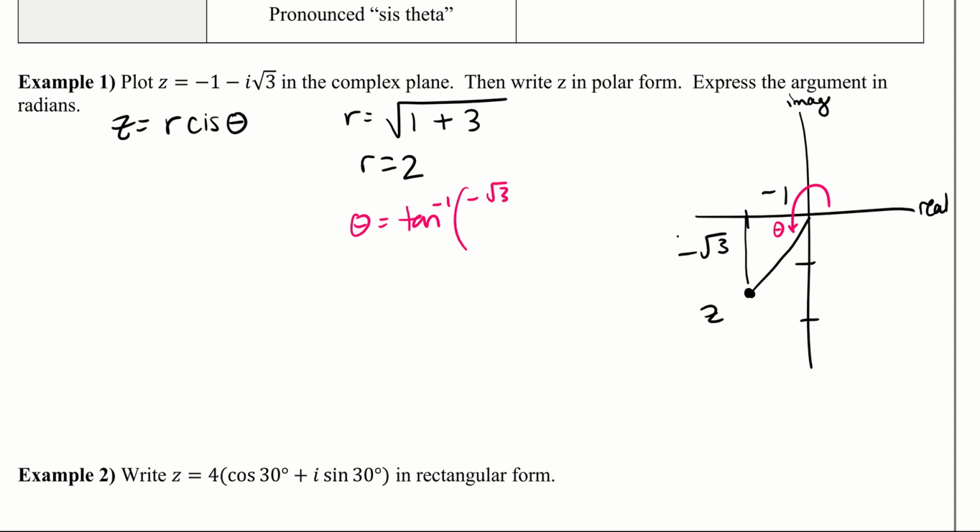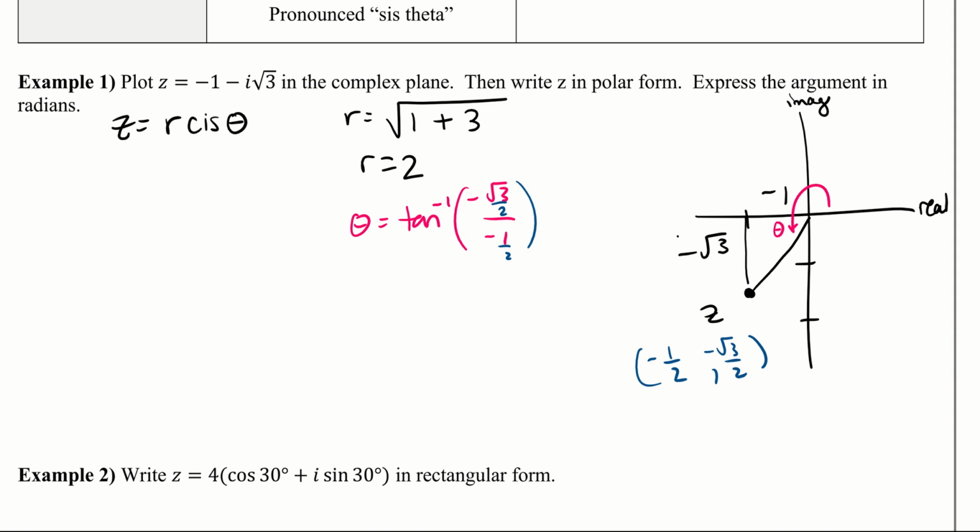This is like negative root 3 over negative 1. Now I want to kind of relate this back to my unit circle, so I might want to think of this as negative root 3 over 2 over negative 1 over 2 to kind of help me figure out where this would be. So the y component would be negative root 3 over 2. The x component would be like a negative 1/2 if I'm trying to figure out this angle.